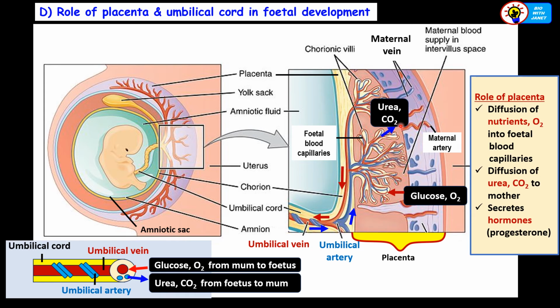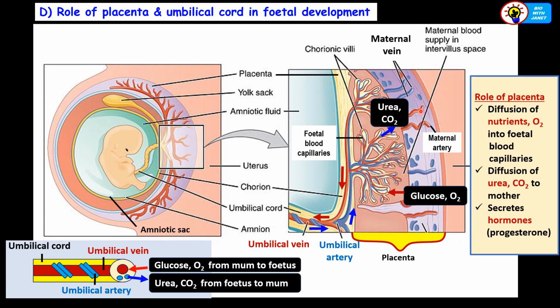So these are two functions, and the third function of the placenta is that it secretes hormones such as progesterone, estrogen, and also the HCG hormone, which is human chorionic gonadotropin hormone.